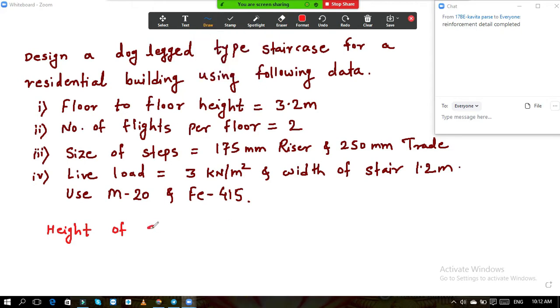Height of single flight will be 3200, that is your total height, divided by 2. So it will be equal to 1600 mm.